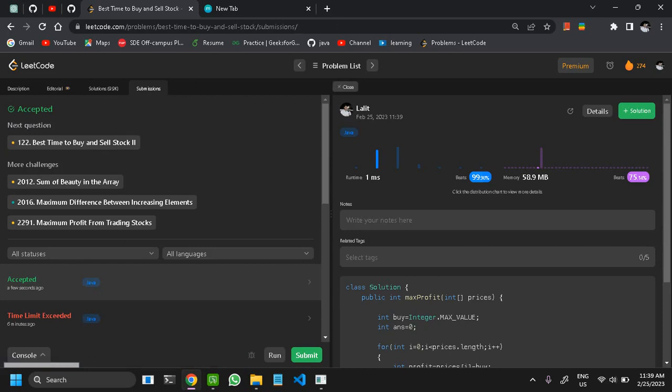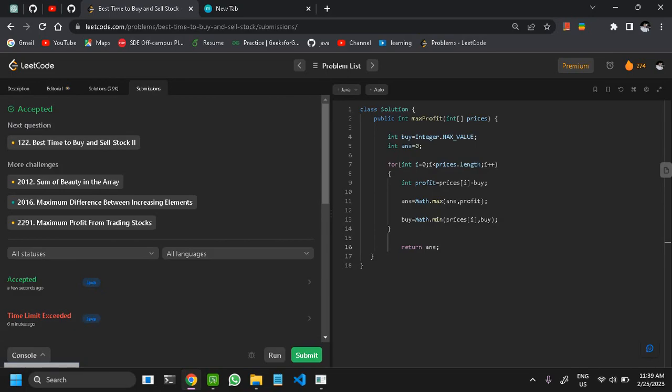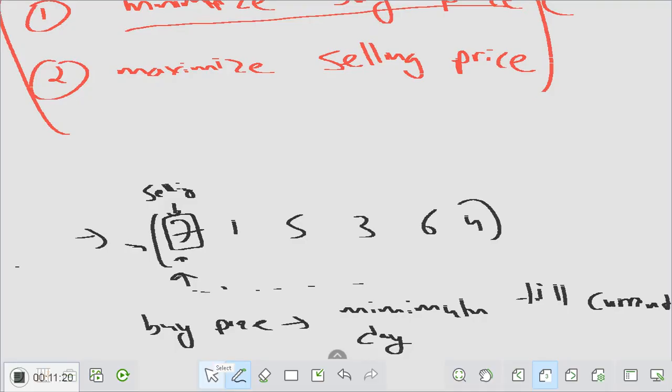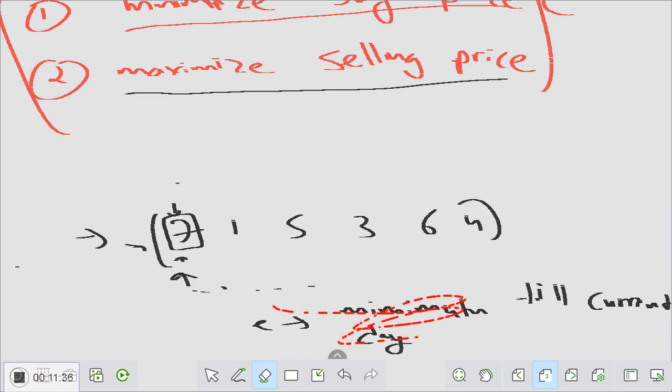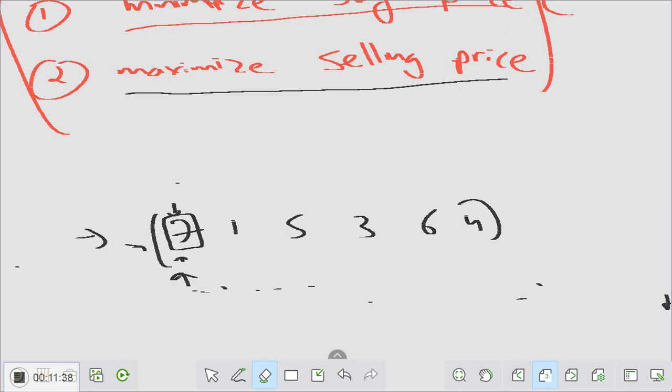Now this is the one thing that I have told you, but there is one more possibility. Instead of minimizing the buy price, what I can do is maximize the selling price as well. So for that, I can start traversing from the end point, and I will take this end point as my buy price.